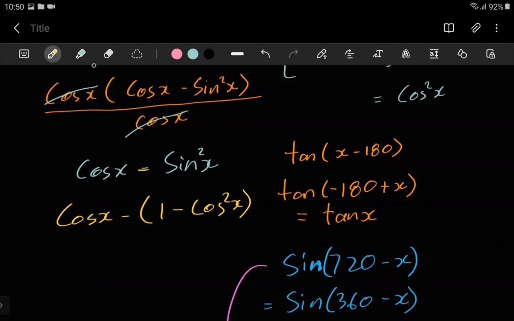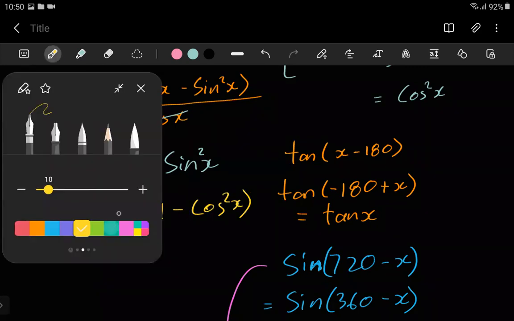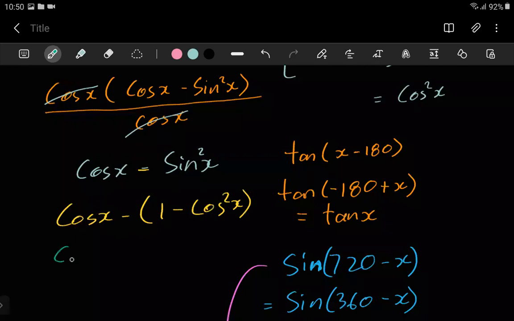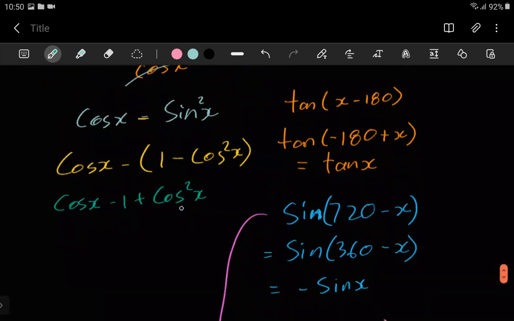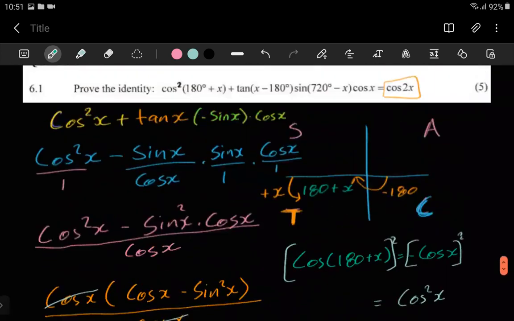So we have this minus, and then the final answer is just cos x multiplying the minus 1, multiplying the plus cos squared x. These are like terms. Come on, they're not like terms. I feel like I made a mistake somewhere.